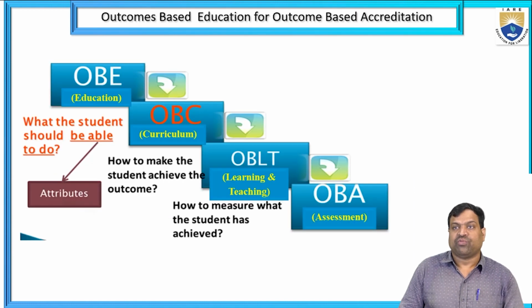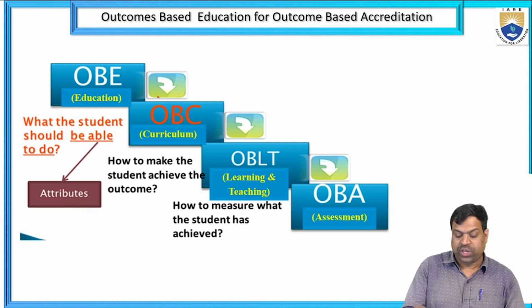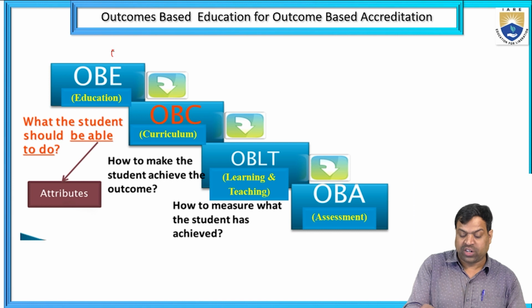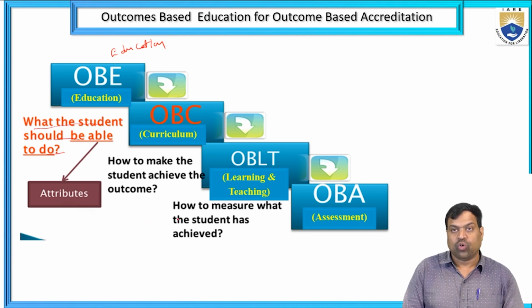Outcome based education for outcome based accreditation. So there are so many levels. First, I am going for OBE. OBE means it is completely for education purpose. Outcome based education: what the students should be able to do in that education.